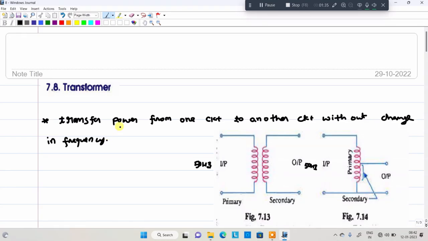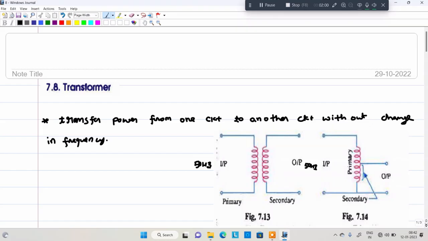So one of the questions related to the SSC JE examination: Transformer transfers power from one circuit to another circuit dash. They will give the options: power, first option; second option, energy; third option, frequency; fourth option, none of the above.